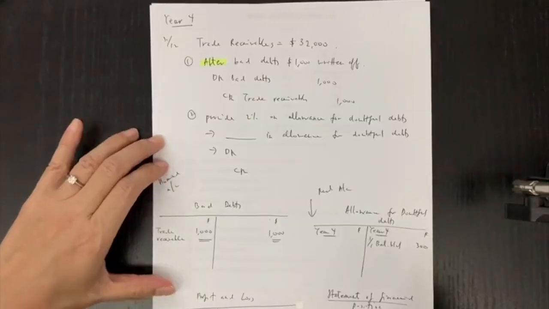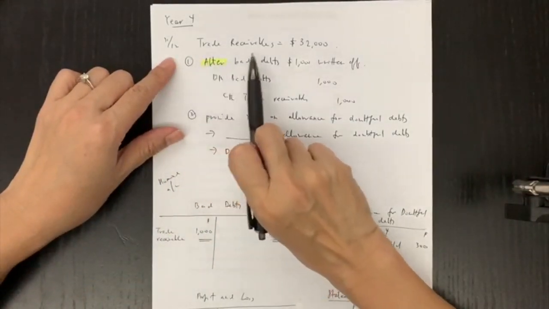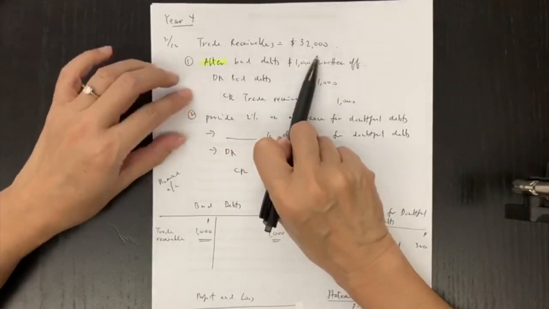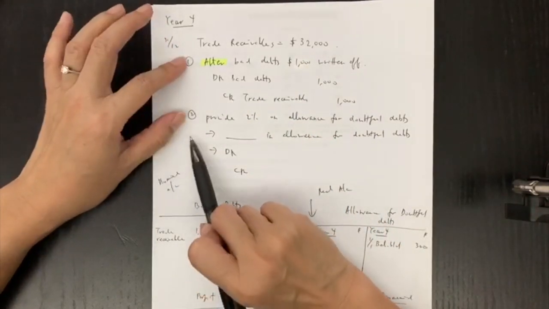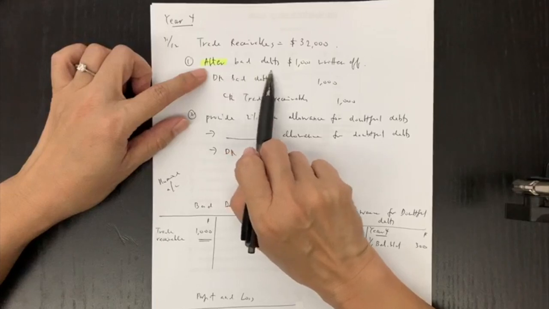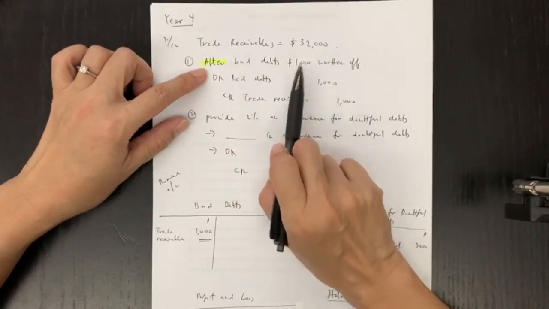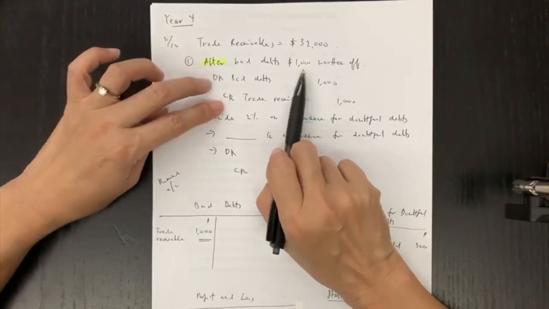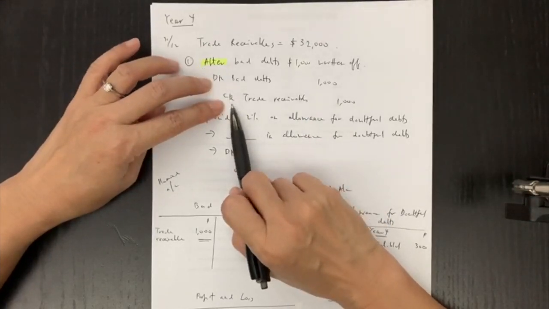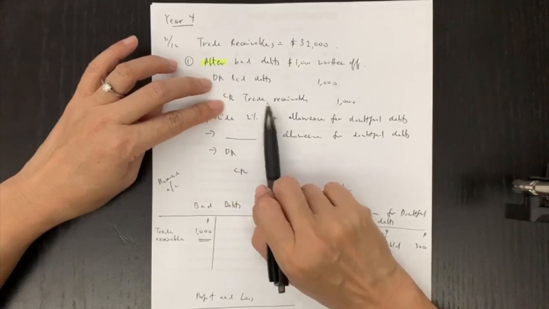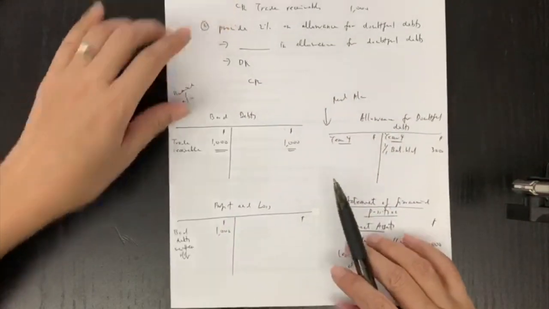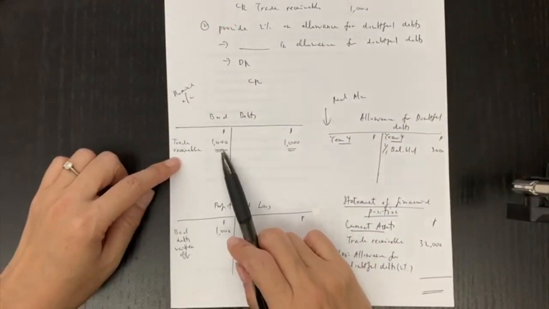Okay, so year 4, this is trade receivable at the end. Now we have these two conditions, which is after bad debts 1,000 written off. So therefore, this 32,000 already deducts 1,000. All right, so now the double entry, same as before. So debit bad debts and credit trade receivable. So here is my posting. So debit bad debts.